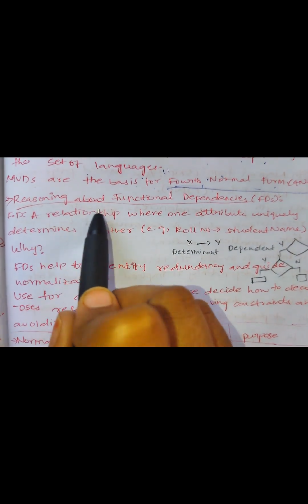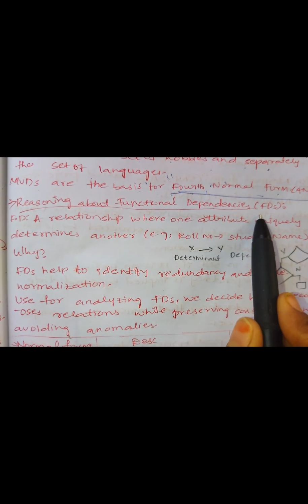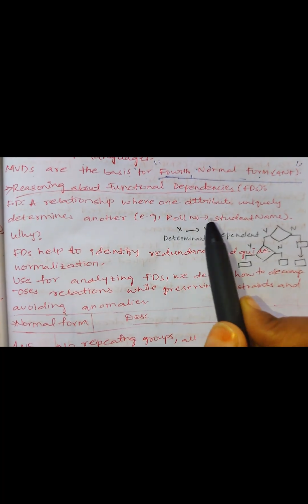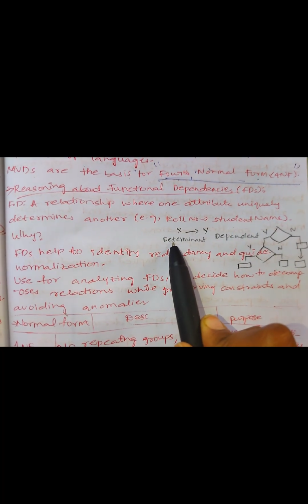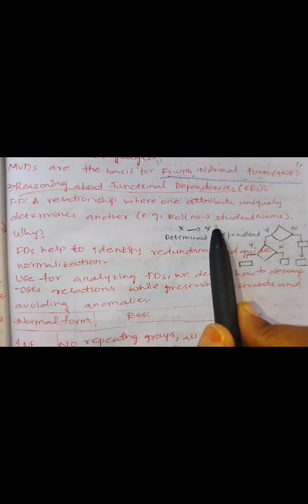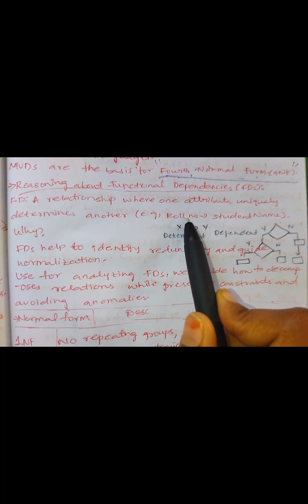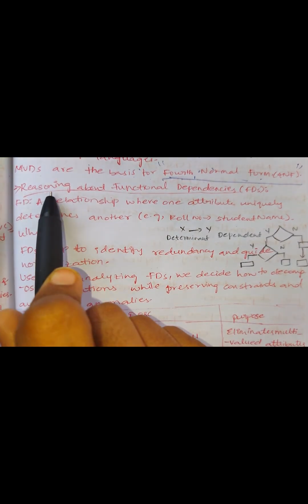Another concept: reasoning about functional dependencies, FDs. It is a relationship where one attribute uniquely determines another, for example roll number and student name. X is the determinant, Y is the dependent. The determinant is independent; the dependent depends on X. This is the process of reasoning about functional dependencies.